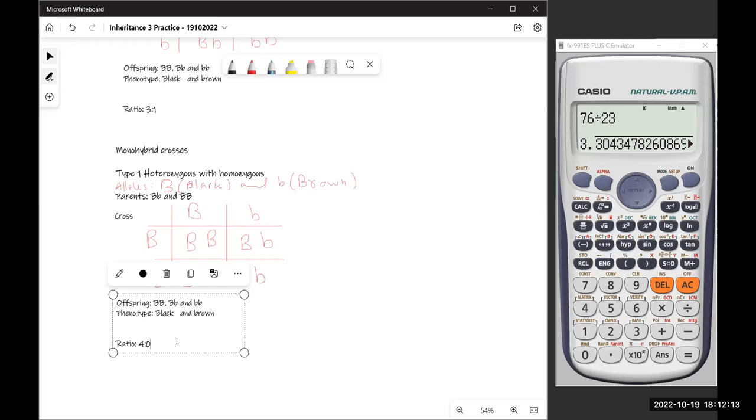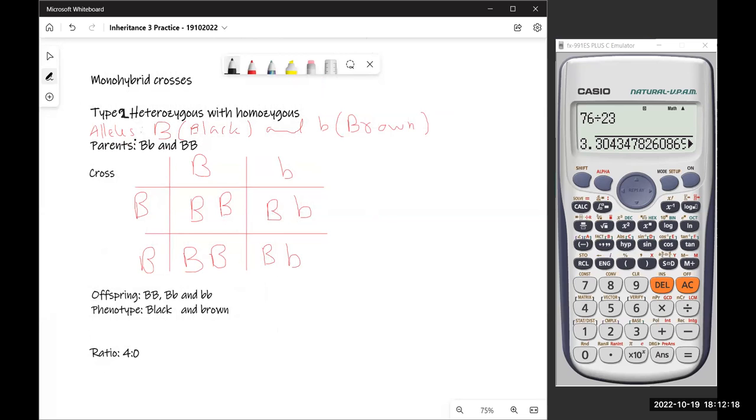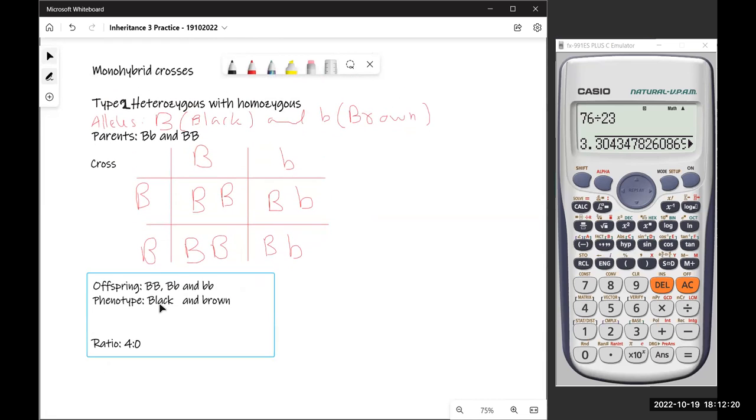So this is type 2, right? Type 2, yes. The alleles, the offspring are going to be capital B and capital B small b. Phenotype is only black.